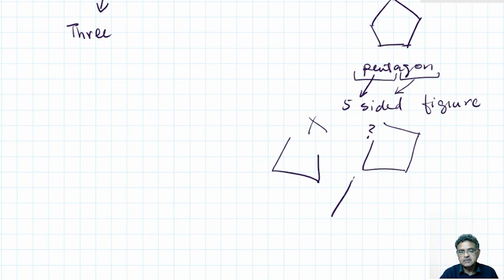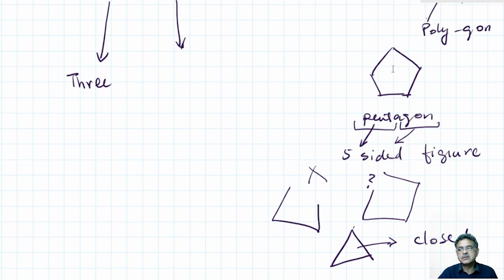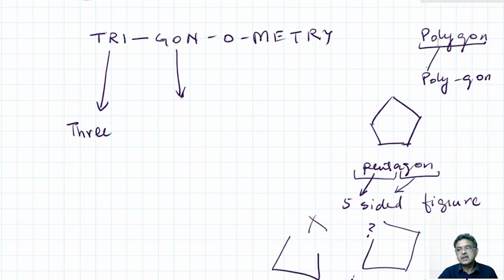If this is a closed figure, then the number of sides and the number of angles are equal. And if it is not closed, it does not come under the definition of polygon.